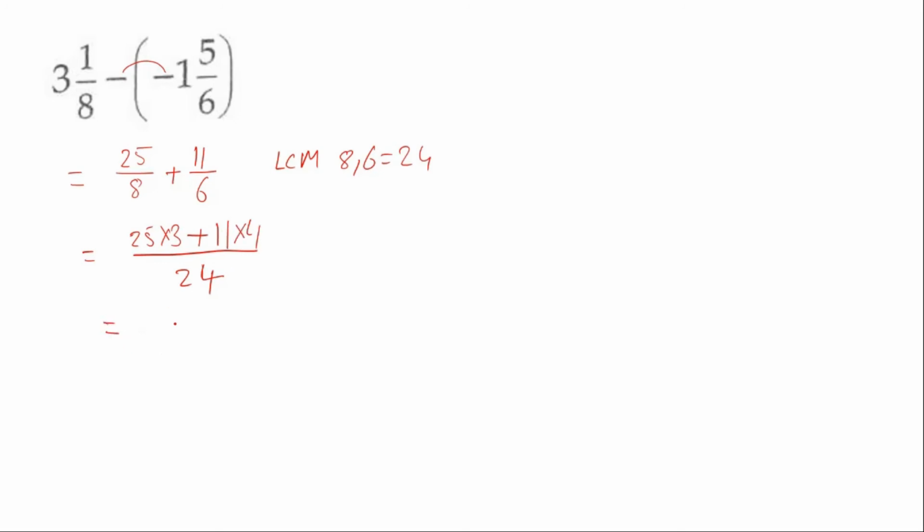So 25 3s is 75, plus 11 4s are 44 by 24. So 75 plus 44 is 119 by 24. Now if you want, you can convert in mixed fraction.